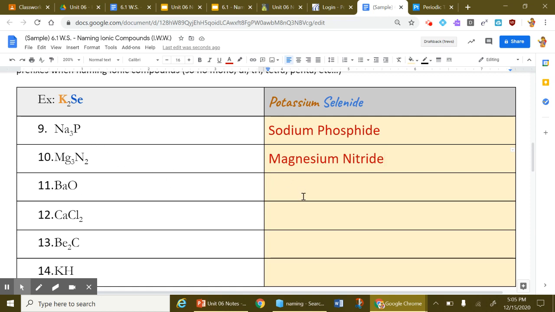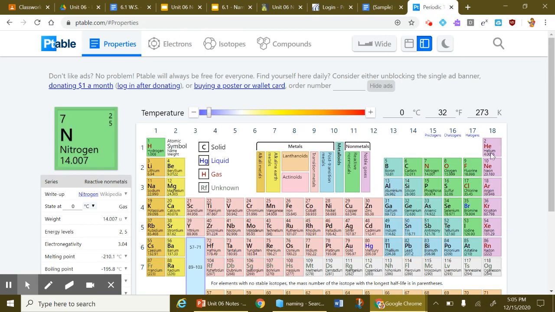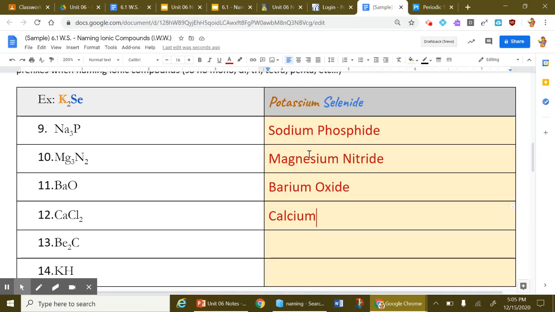And this one right here, barium, oxygen is oxide. So this is barium oxide, all right? Ca is calcium. And the Cl ion, that's chlorine. Cl is chlorine. So that becomes chloride, okay?